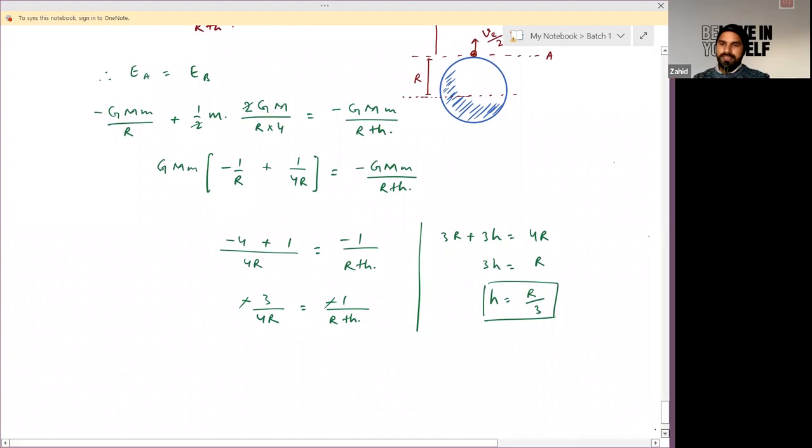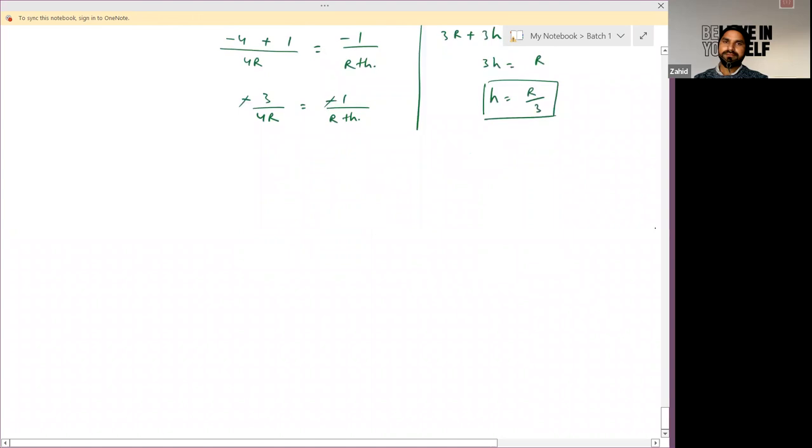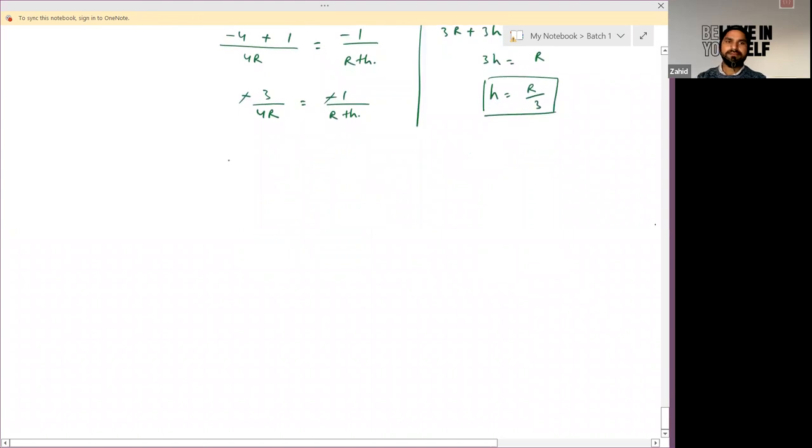Okay. Next is satellite, the last part of this chapter. A satellite is basically a body, it may be artificial or natural, which revolves around a planet in a fixed radius or fixed orbit.